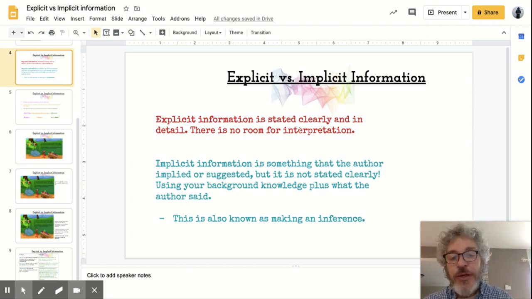In other words, you can point to the words, they're right there. That information is right there in front of you. Implicit information, on the other hand, is something that the author implied or suggests, but is not stated clearly. In order to make an inference using implicit information, we have to use our background knowledge plus what the author said. And we looked at an example with the grasshopper and the ant.